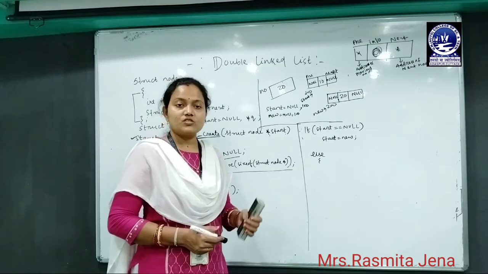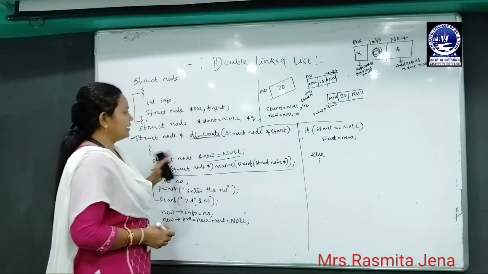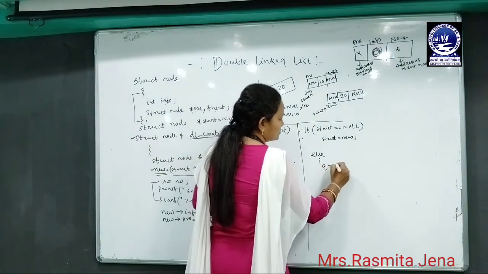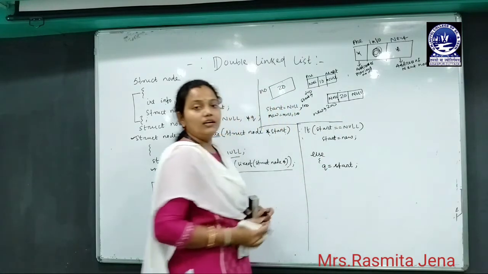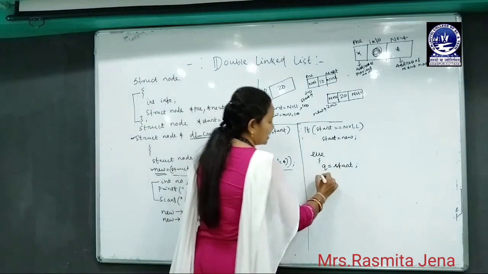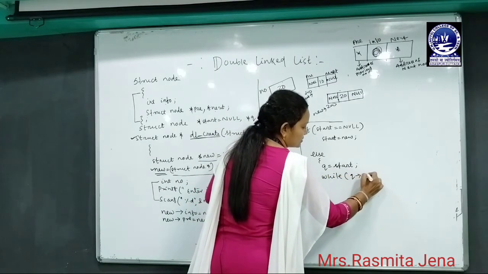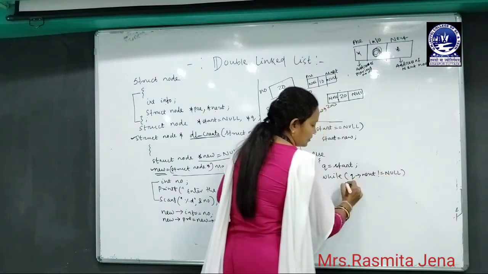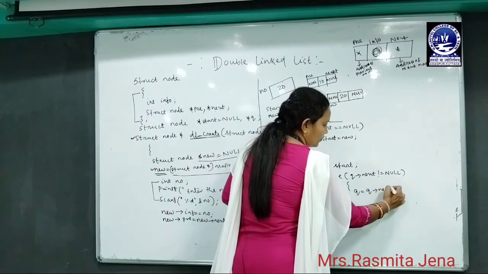For the next node in the double linked list, we declare another pointer, suppose q. Here I can write q equals start, because we will traverse to the last node of the double linked list, and for that I will execute a loop. So I can write while q next is not equal to null, then I will set q equals q next.